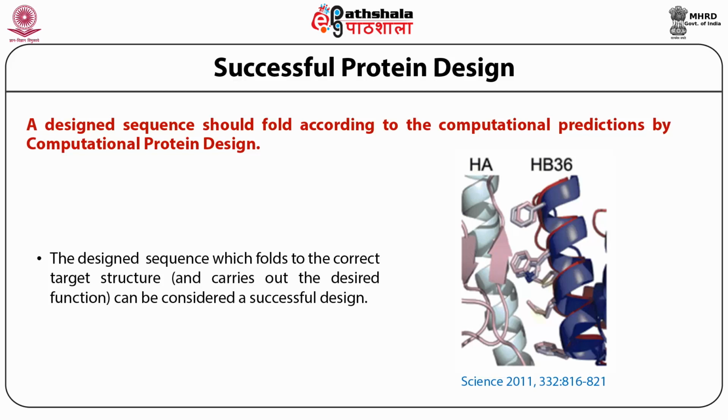You want to design a protein with a particular 3D structure, but you don't know the sequence, so you need to predict the correct sequence which can fold into that structure. If it folds to your target structure, it can be called a successful protein design.